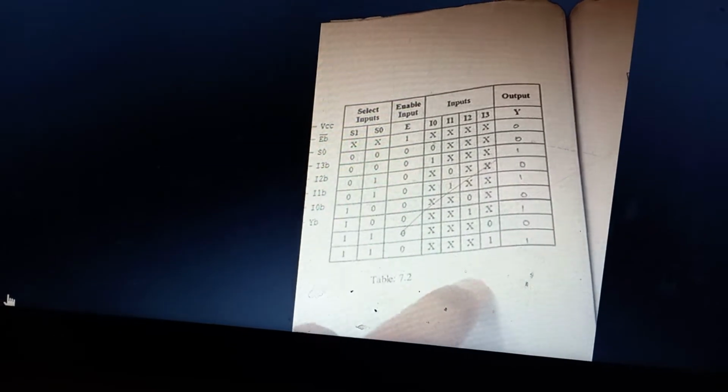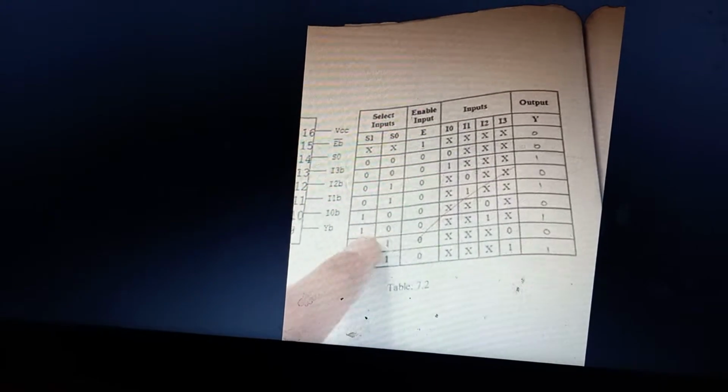If you put 1 in I3, the binary combination for 3 is 1 1, so you have to make the selection lines 1 1. If the input is on I2, you have to set the binary combination of the selection lines to 2.